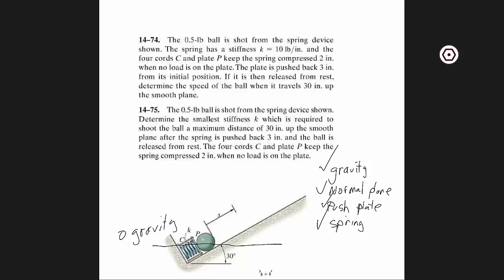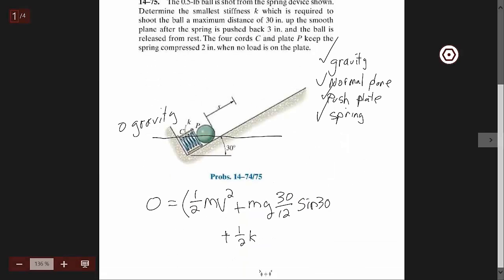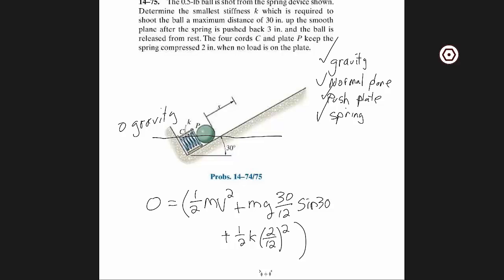Okay, I'm going to convert it to feet or whatever. Is it K? Yeah, well, watch out for the units. I'm going to put everything in feet. So it'll be 2 inches, 2 feet, right, squared. That's the final energy. Anybody else got energy?